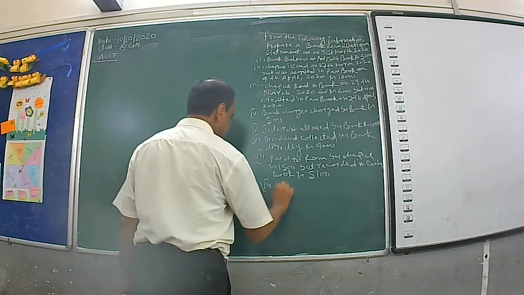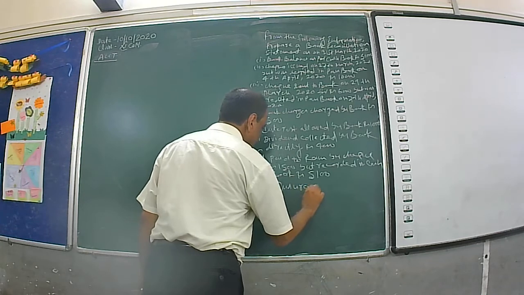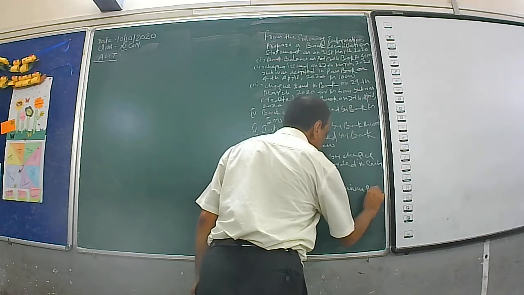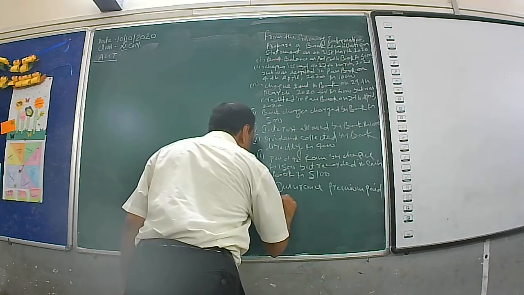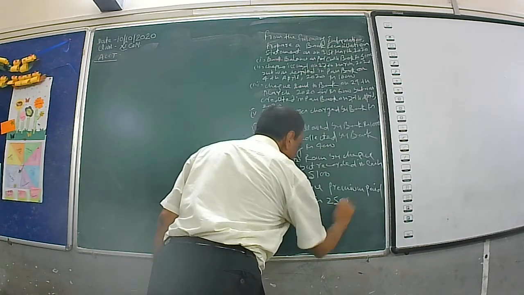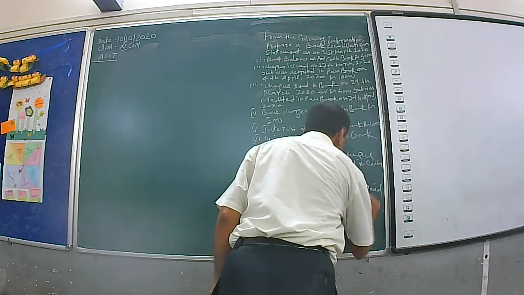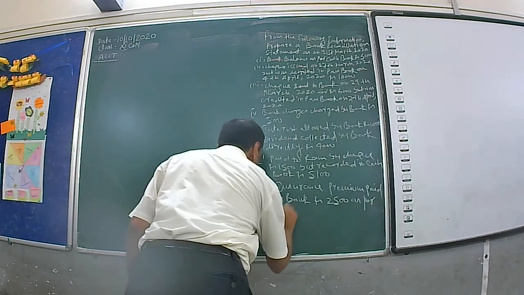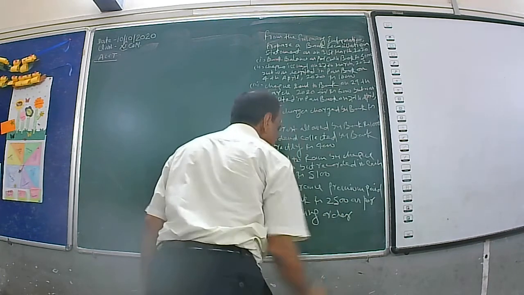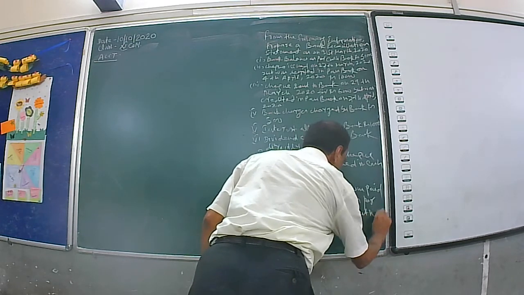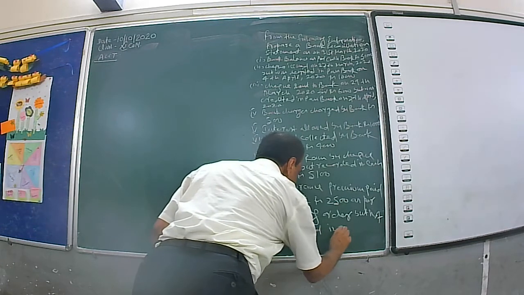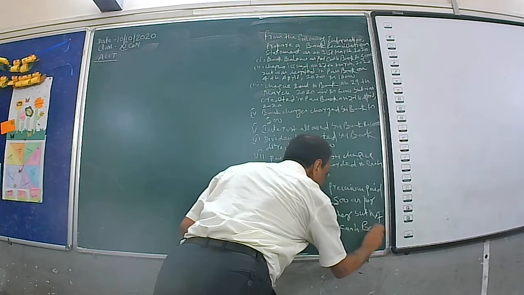Number 8, insurance premium paid by bank rupees 2,500 as per standing order, but not entered in cash book.